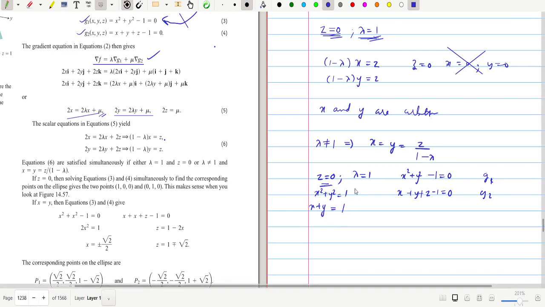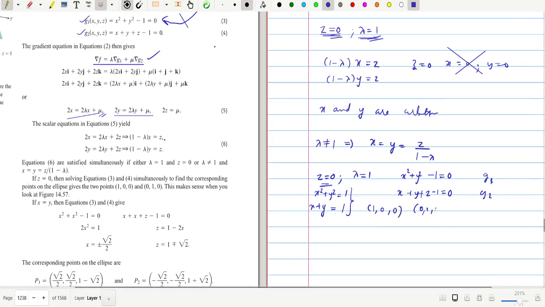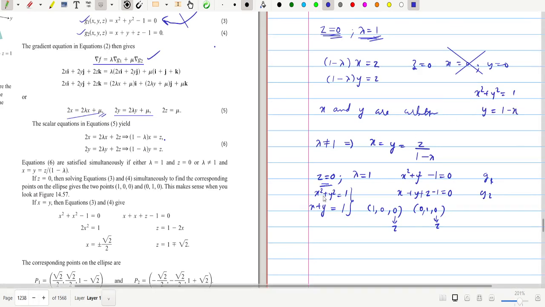These are the simultaneous equations. We will solve these two equations. Then we can get these 2 points, 1 0 0 and 0 1 0, since z is 0 here and the values satisfying this condition are 1 0 and 0 1. This is obtained by solving these equations: x square plus y square is equal to 1, and put y equal to 1 minus x from the other equation.